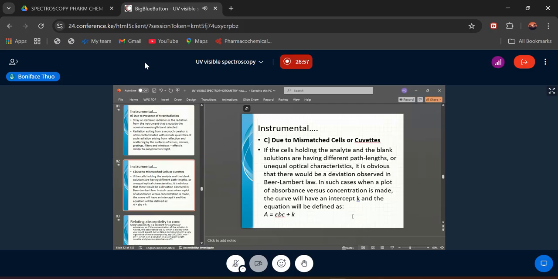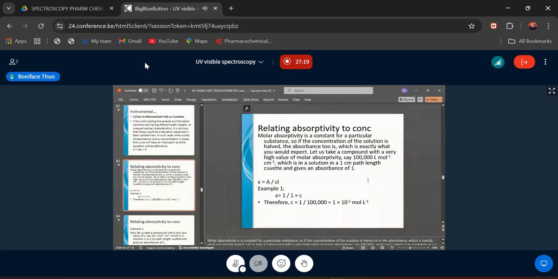And if you were to plot the absorbance versus concentration, then you would get an intercept indicating that the two cuvettes have different optical characteristics.